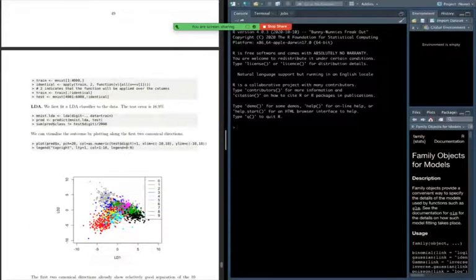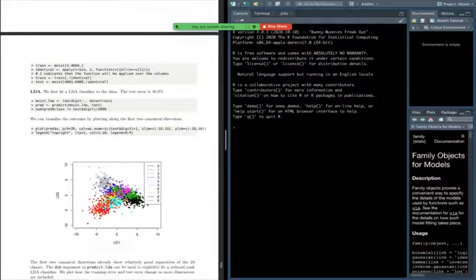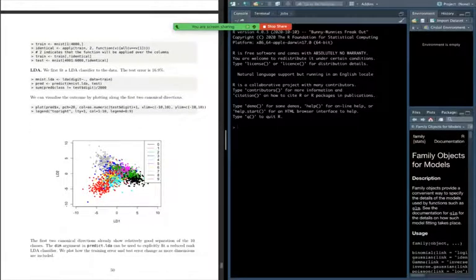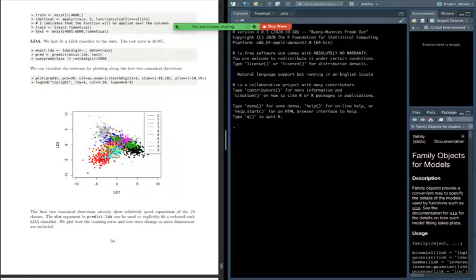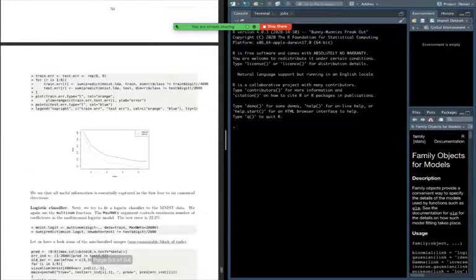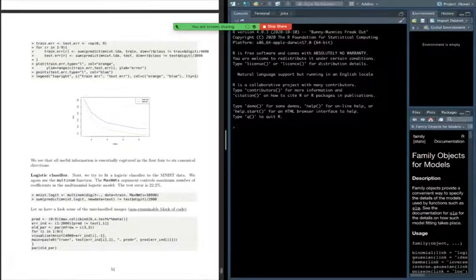And so you can use your LDA or your logistic classification classifiers. With LDA, you can project on the first 2. Then the idea here is that we check how much error we get from projecting onto more than 2 linear discriminants.